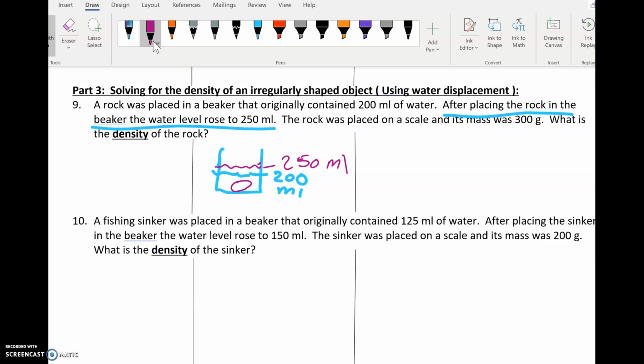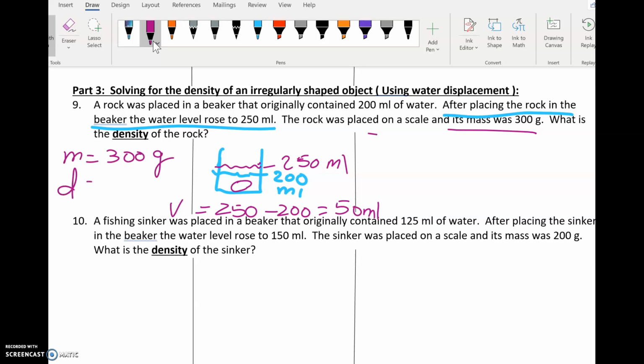So the difference, or the volume that the rock displaced, is going to be 250 minus 200, and that's 50 mils. Okay, that's the volume of the rock. So the volume of the rock is 50 mil. Okay, and then the rock was placed on a scale and the mass of the rock was 300 grams. So the mass of the rock is 300 grams.